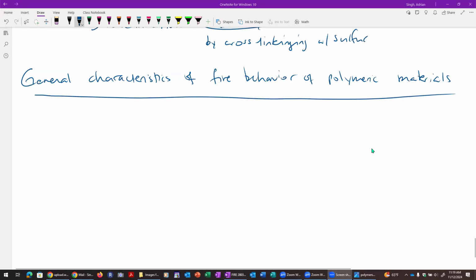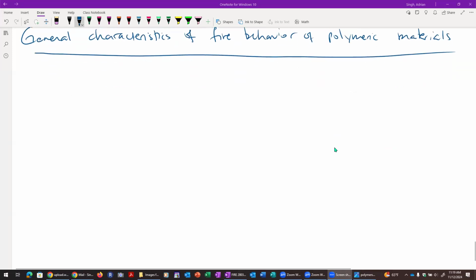All right, so we can take a look at some general characteristics of the fire behavior of different polymeric materials. We can sort of summarize just overall what we tend to observe. So the first thing is that linear polymers, ones that are not branched, for example, have higher densities.